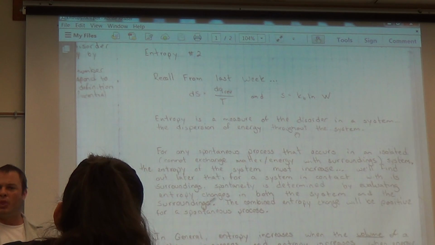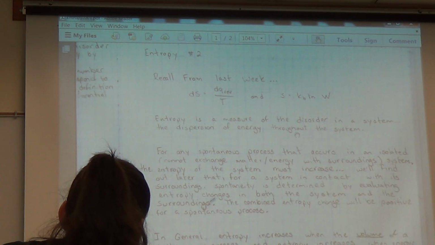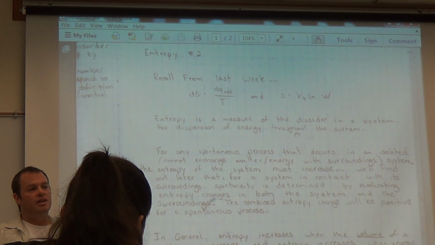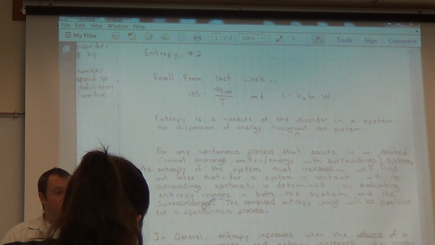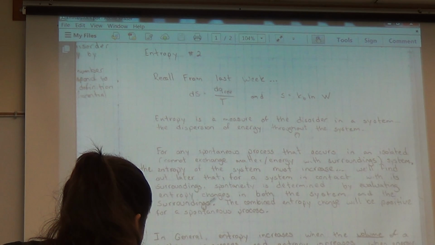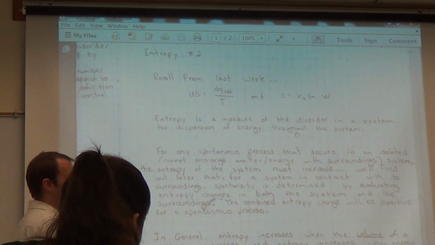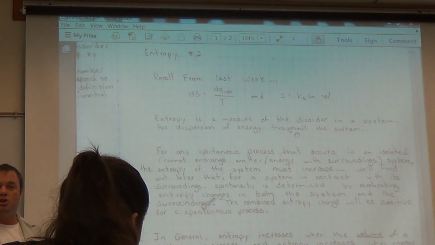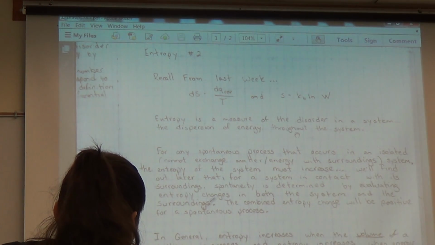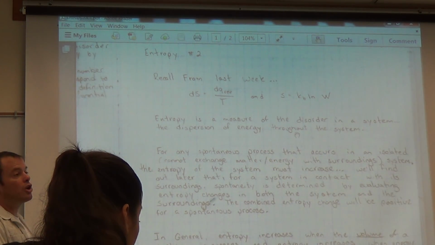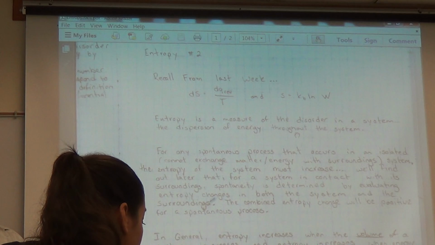What we're going to talk about a little bit more on Thursday, we're not going to get into it so much today, is that the standard that delta S has to be positive for a spontaneous process is true not only for an isolated system, but also for a system that is in contact with the surroundings. But in that case, you're not allowed to simply calculate the delta S of the system. You have to include the delta S of the surroundings as well.